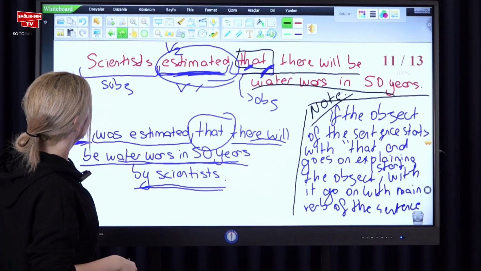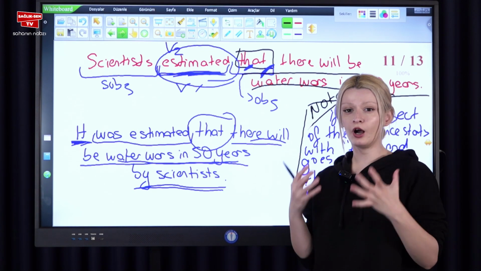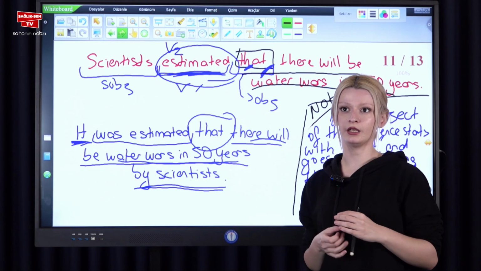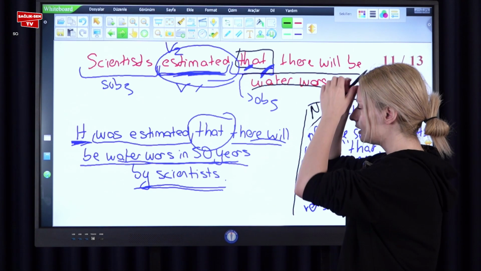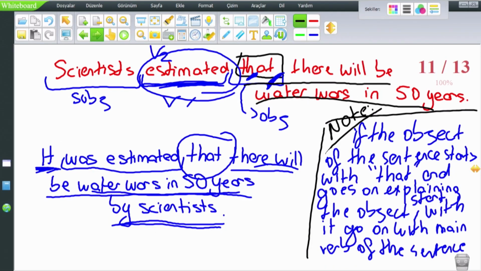Then we went on with when the object starts with that, and then we explain the object. For example, scientists estimated that there will be water wars in 50 years. Our actual object is here.